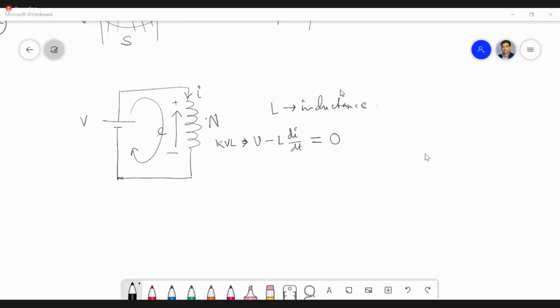Okay. So V equals to L di dt. From this expression we get V equals to L di dt. Okay.